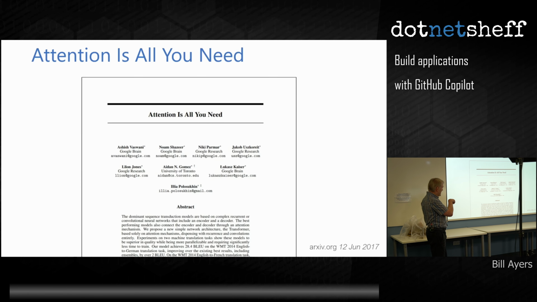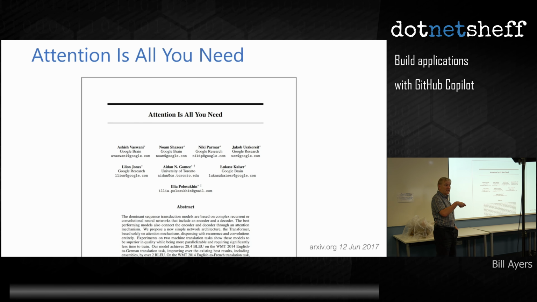So the breakthrough paper was actually in 2017, when we were all congratulating ourselves on things like AI vision being able to identify the New York skyline. It was a paper from some Google engineers called "Attention Is All You Need," and that introduced the transformer architecture, which just changed everything.